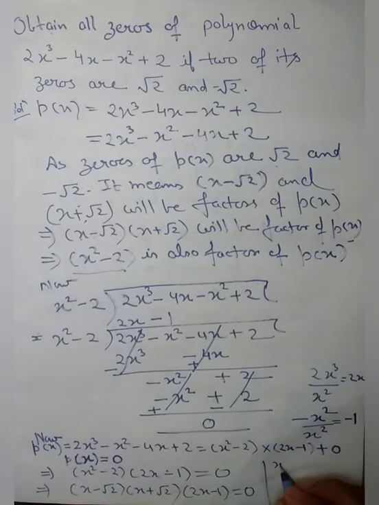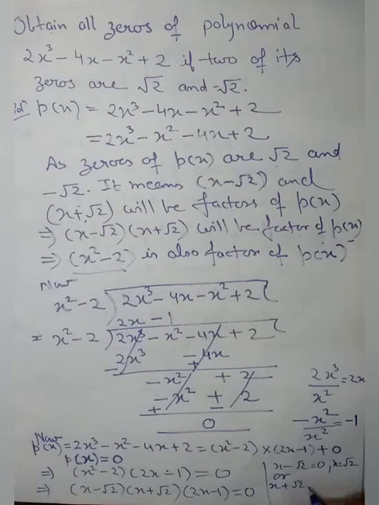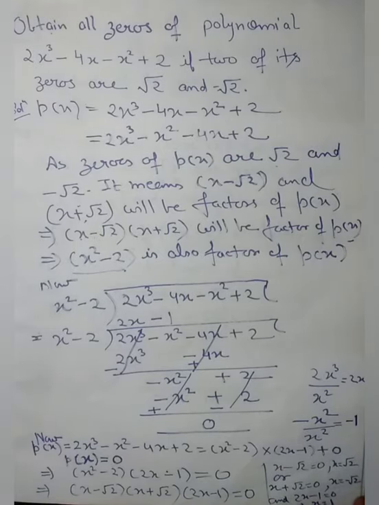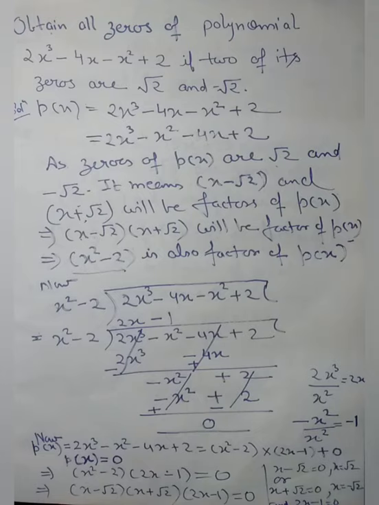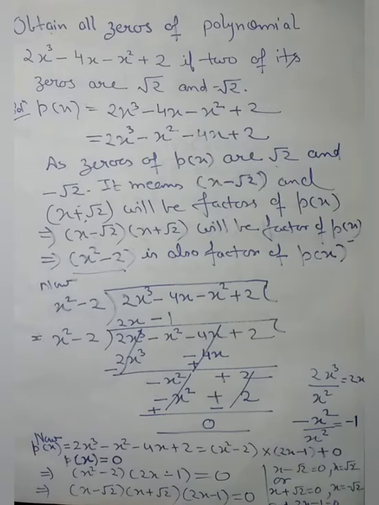This implies x minus root 2 is equal to 0, x is equal to root 2, or x plus root 2 is equal to 0 implies x is equal to minus root 2, and 2x minus 1 is equal to 0 implies x is equal to 1 by 2. So here we can see that we now have a total of 3 zeros: root 2, minus root 2 and 1 by 2.